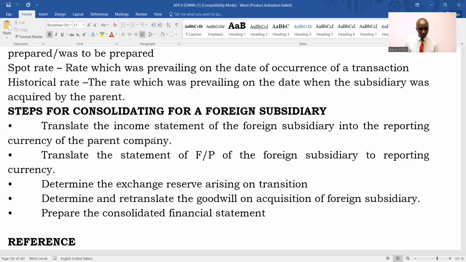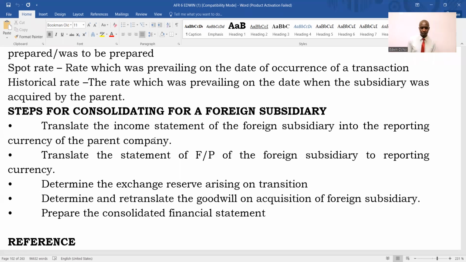So it's at 125 currently, or more than that, to the Kenyan shilling, $1. That is, a dollar is equivalent to how many shillings? So anyway, there are changes which occur during the time of translation due to the aspect of time. So that is what you determine as exchange reserve arising on translation.